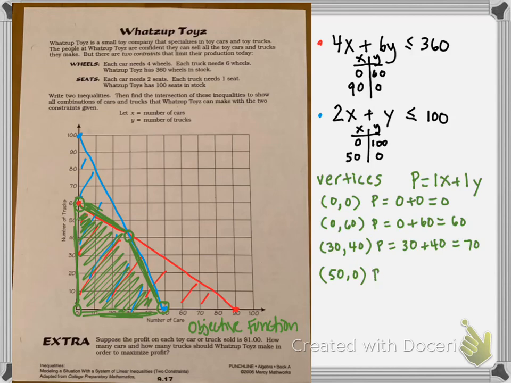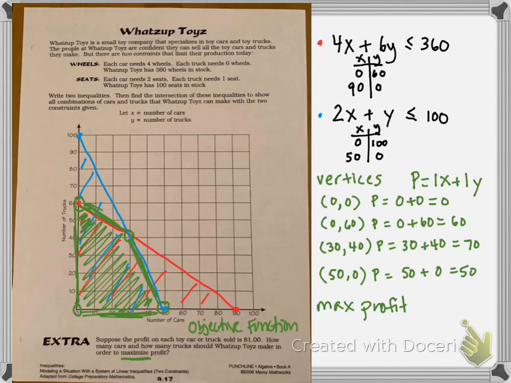And here the profit is 50 plus 0, and that is 50. All right, so the key thing here is to notice I'm looking for maximum profit. So my maximum profit is going to be this largest number, 0, 60, 70, or 50.